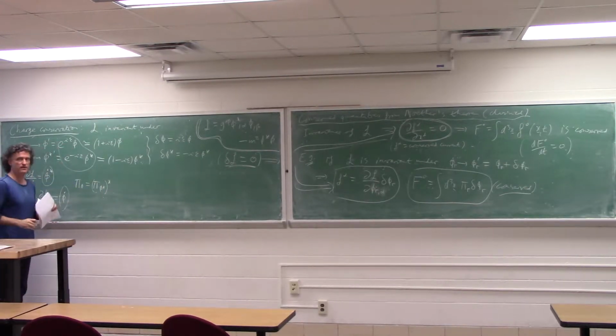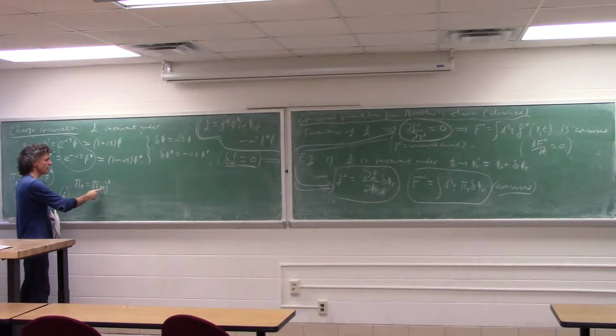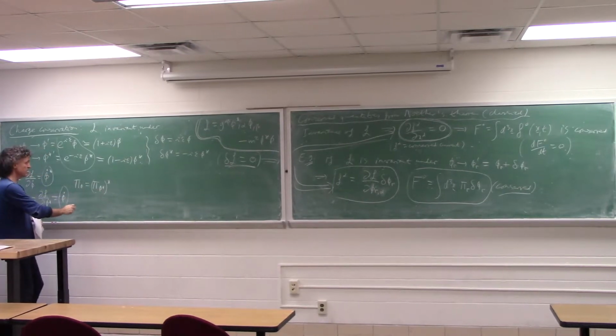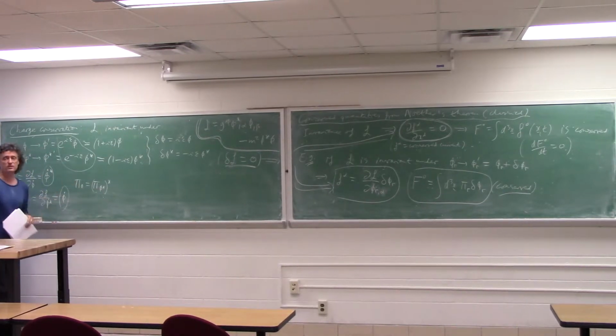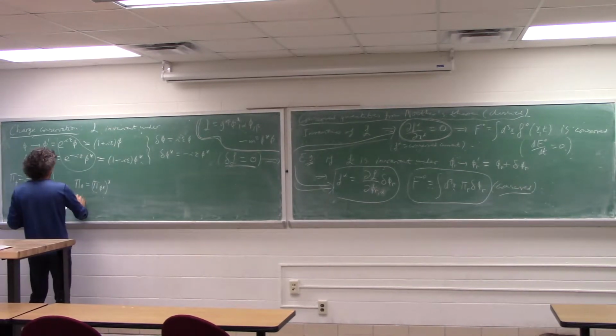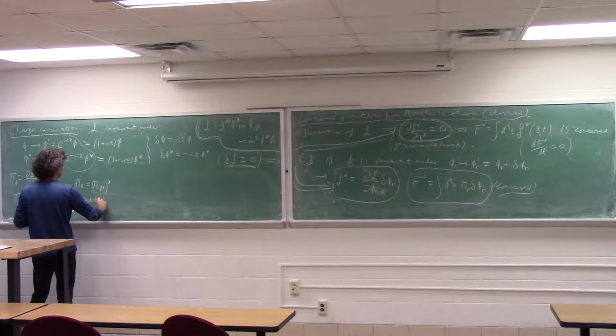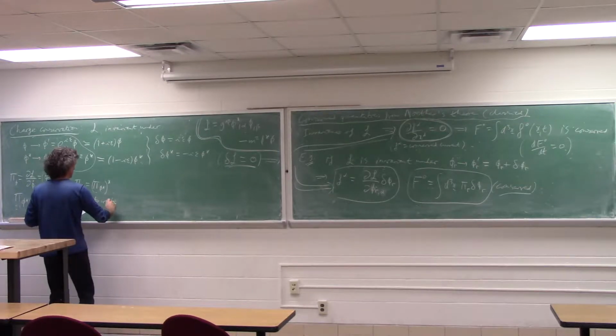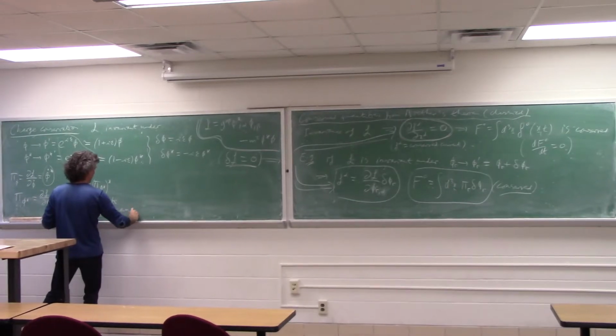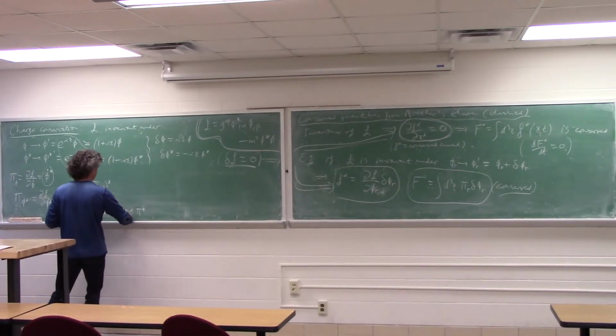If I take the momentum density conjugate to phi star, and I take the momentum density conjugate to phi, they're conjugates of each other. Because of this, people tend to write just pi and pi star.